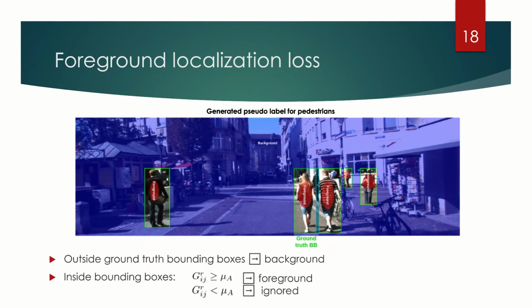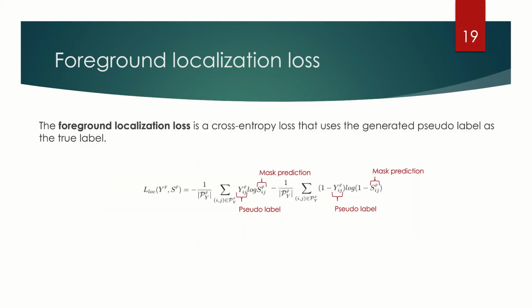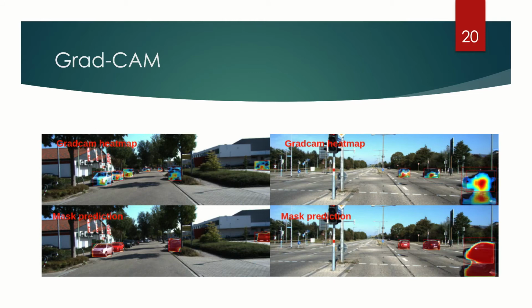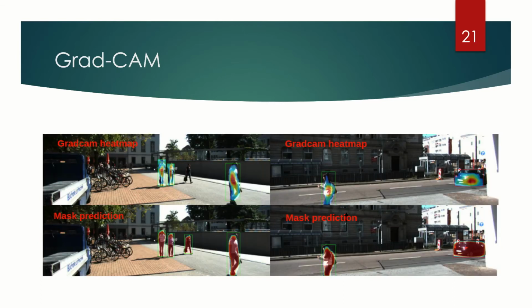This will be the composition of the pseudo-labels we create for pedestrians for this frame. The foreground localization loss is then a cross-entropy loss that uses the generated pseudo-label as the true label. The objective of this loss is to learn what is foreground and background for the instance segmentation mask. These are examples of the pseudo-label generated from Grad-CAM heat maps and the predicted masks by the network.